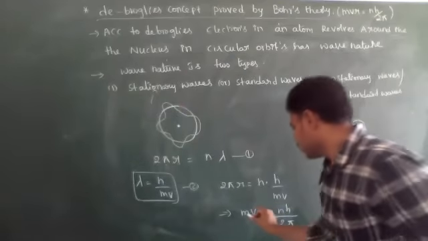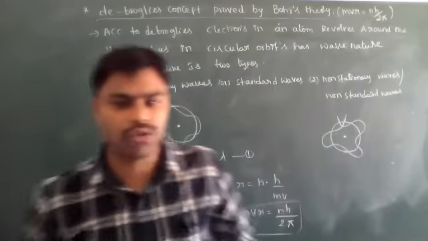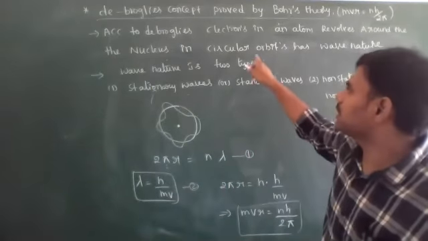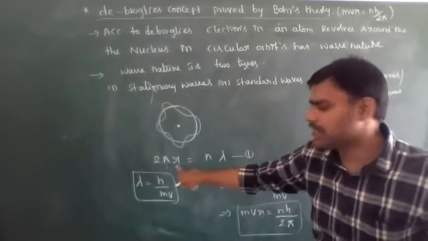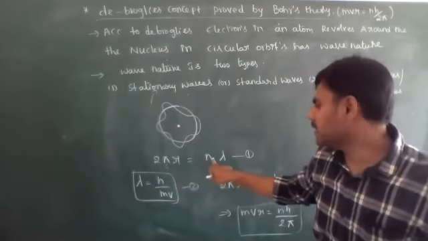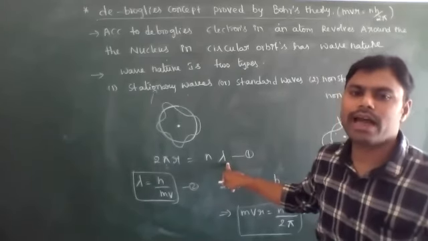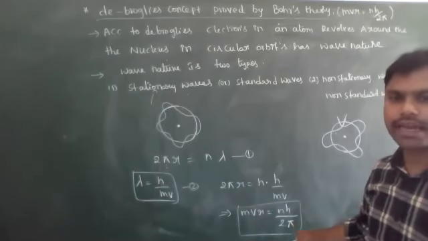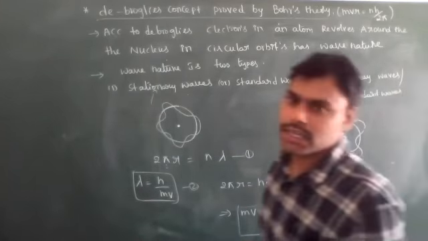Like this way he has proved how mvr is equal to nh by 2 pi, because the electrons revolve around the nucleus in a circular orbital having standing wave nature. In standing wave nature, the circumference is always an integral multiple of wavelength, circumference is equals to n into lambda, but lambda is equal to h by mv. According to that, mvr is equals to nh by 2 pi. Hence de Broglie has proved it.